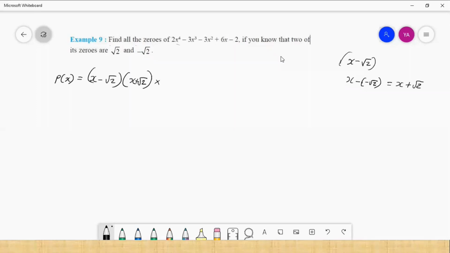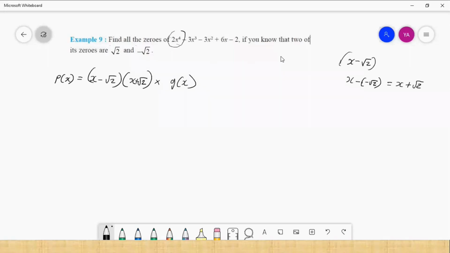So there will be one more polynomial we want to find out. That will be second degree, because the degree of the given polynomial is fourth degree and the degree of these two multiplied is x square, so there will be one more polynomial g of x. If you multiply these, then only you will get p of x.